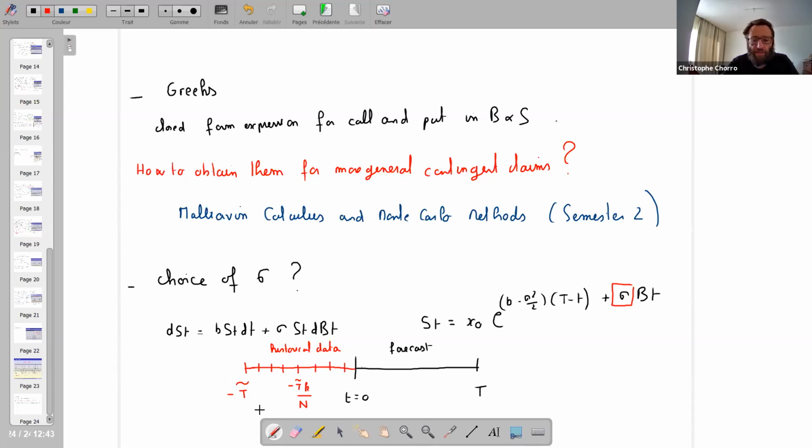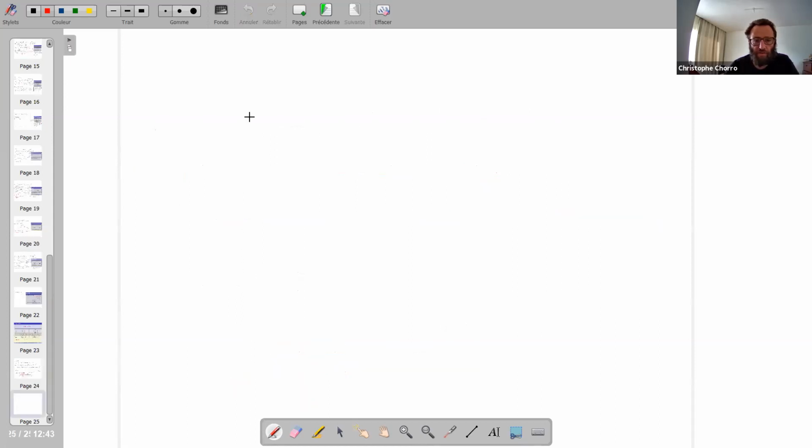If I do this, I can consider the log returns on this period, that is the log of S at minus t tilde times (n minus 1) over n up to the logarithm of S_0 over S at minus t tilde over n.